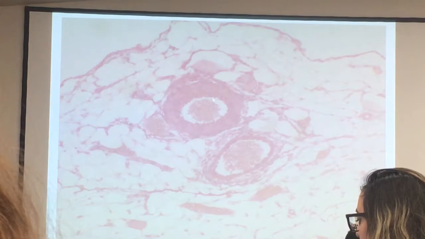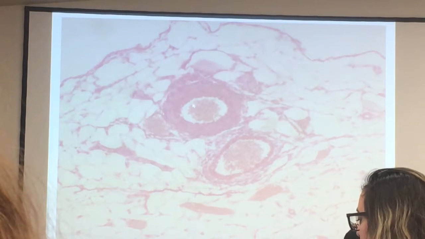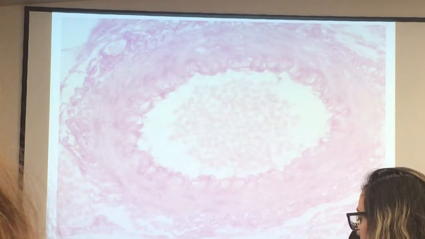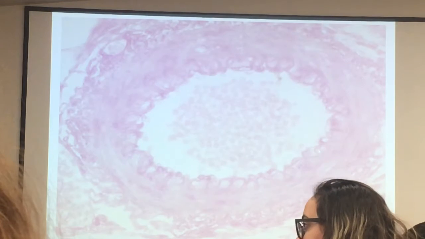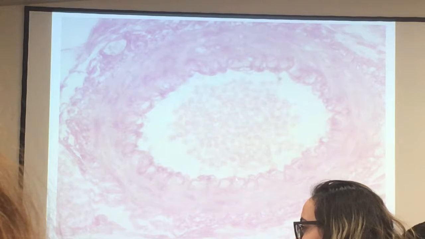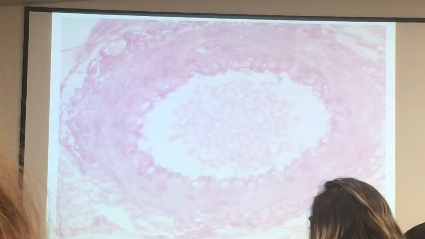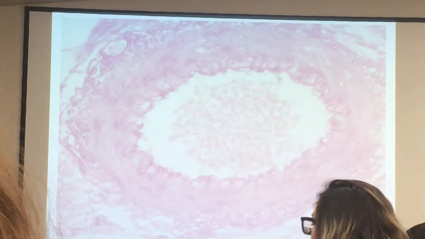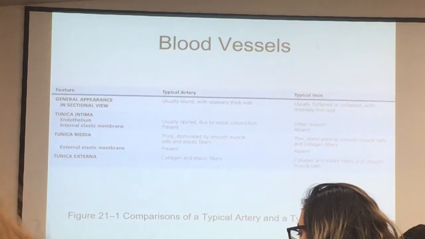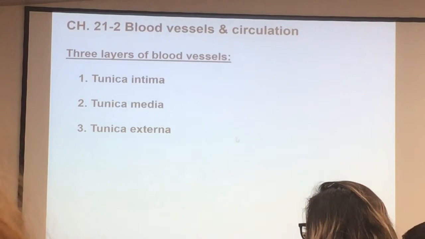If we magnify, we can see the internal elastic membrane very well, mixed together with the endothelium cells. The external one cannot be seen very well. The big area is the tunica media. As for the table, you don't need to worry too much about this.